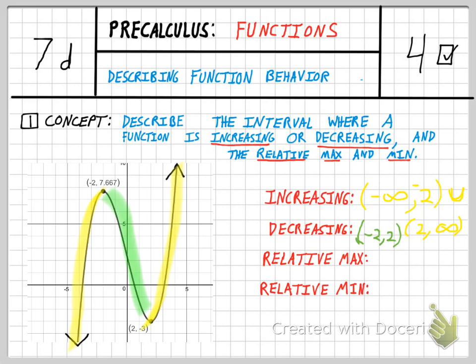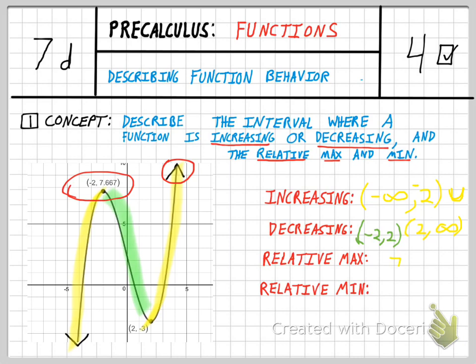When you're asked to find the relative maximum, maximum is, as you might think, a high point. Relative maximum means it might not be the highest point, but it's the highest point in its area. So if you look at the graph over here, that value of 7.667 is definitely a high point. Later on you go higher, right? But we call that a relative maximum because that is the highest point in its area.